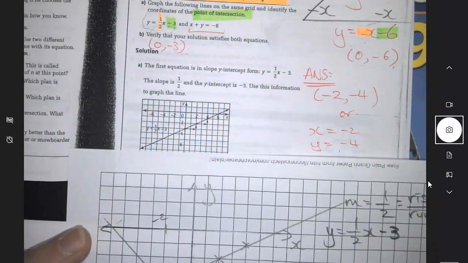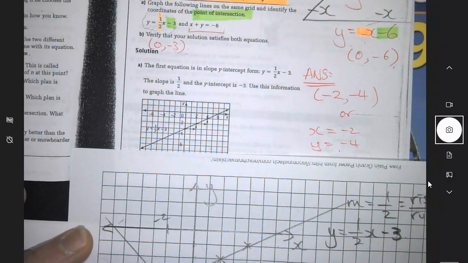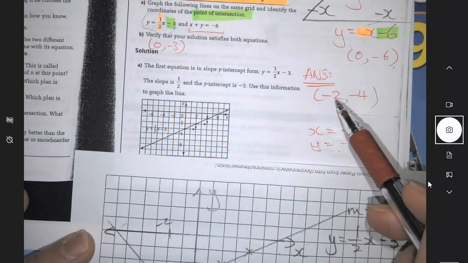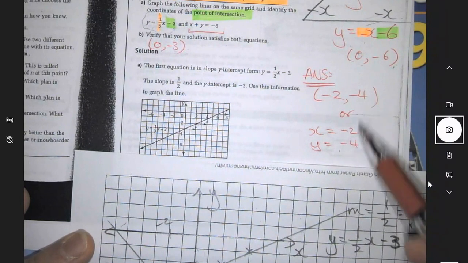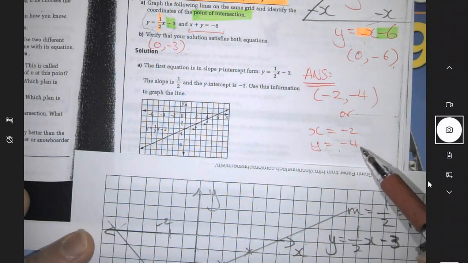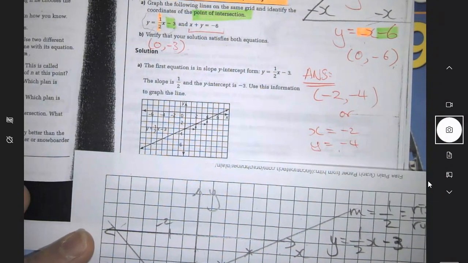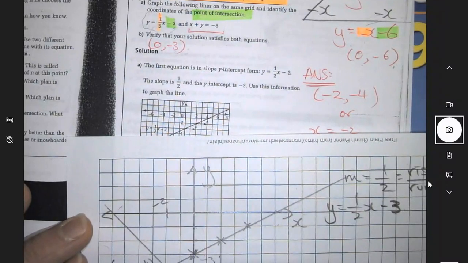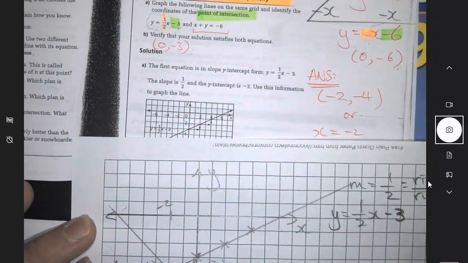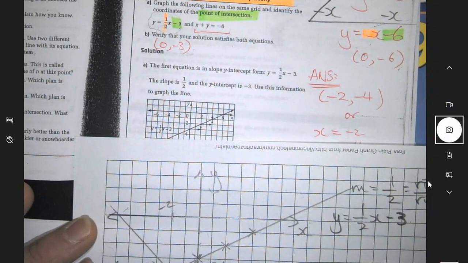Okay? So at this coordinate, when x is minus 2, y is minus 4, both equations will cross, or will be true for both. Okay?